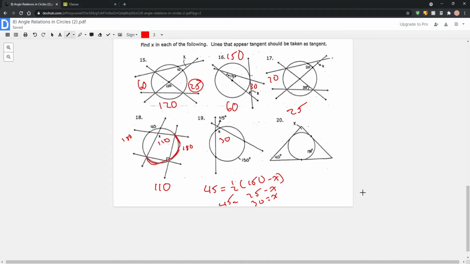For this final problem, the best way to do this is by finding this angle here, and we can do that because we have 130 here, and we're looking for this outer arc, which is simply 360 minus 130. So it's 230. Then we can find this angle by doing 230 minus 130, which is 100, divided by 2 is 50. And using the triangle equal to 180, 40 plus 50 is 90, so this has to be 90 as well. So that's how you solve that problem.